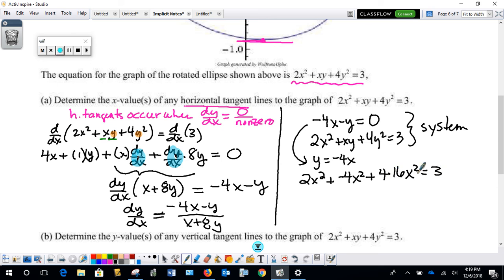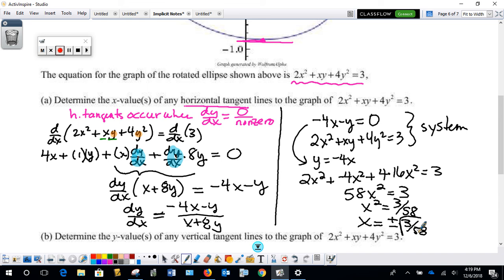Collect your like terms. So we would have, I believe this is 58x squared equals 3, so x squared equals 3 over 58. So x equals plus or minus the square root of 3 over 58.